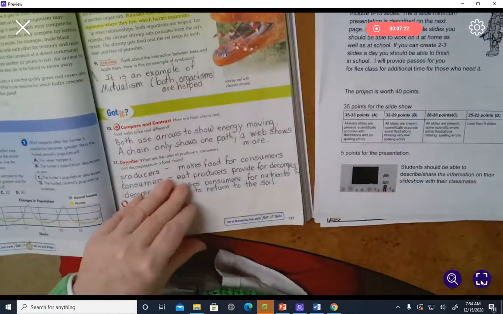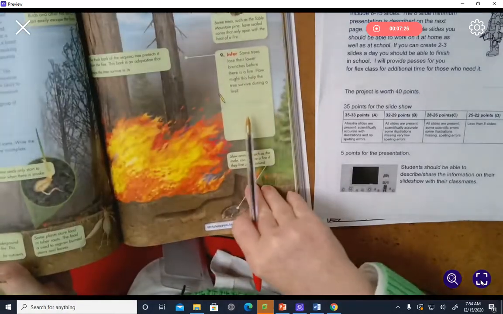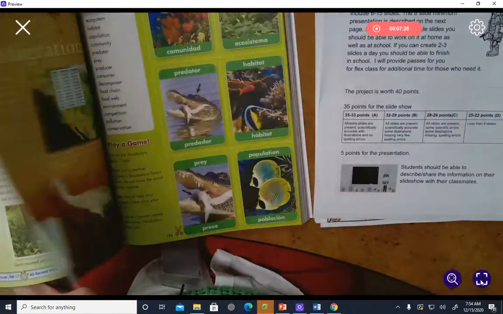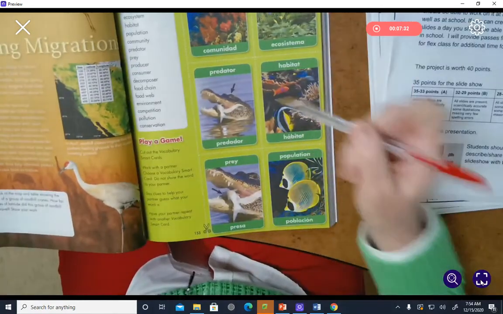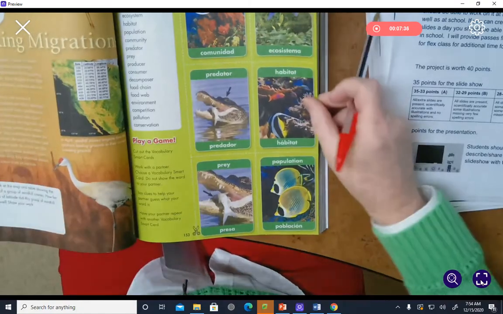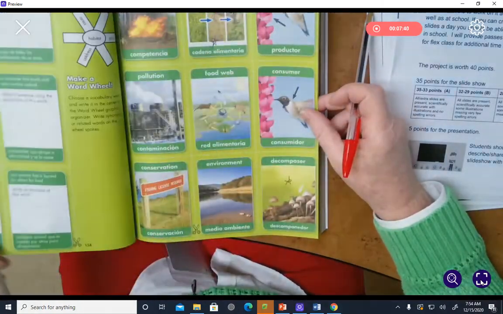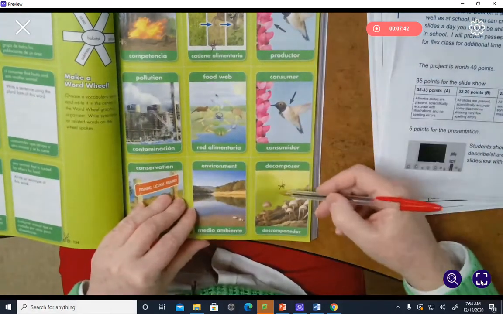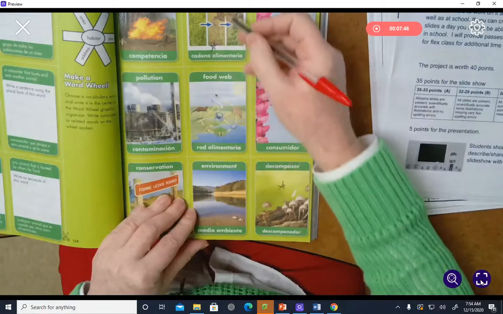We're going to do something with that when we come back. As I said, there are some words here that, if you wanted to cut them out, would all be on your test, page 153. And then a decomposer, consumer, producer, food web, and food chain.